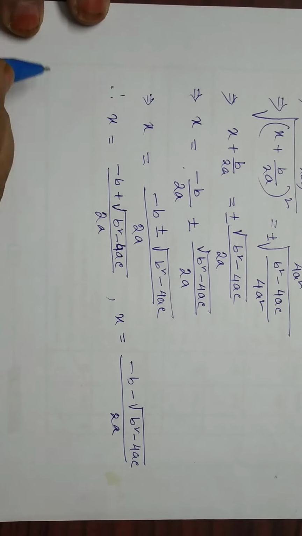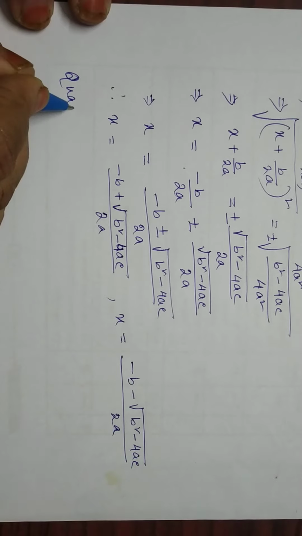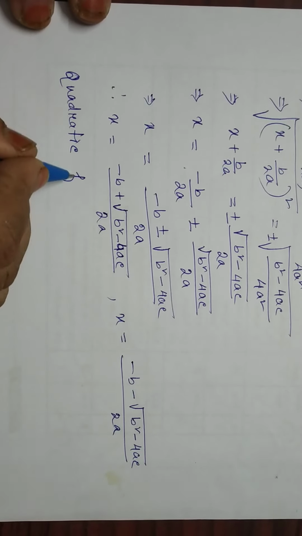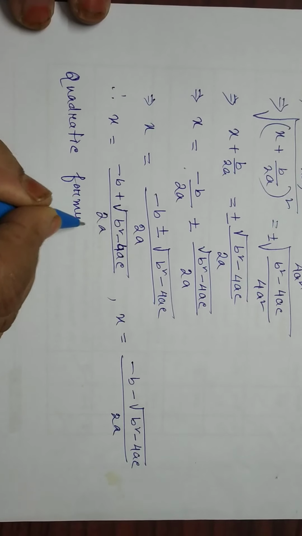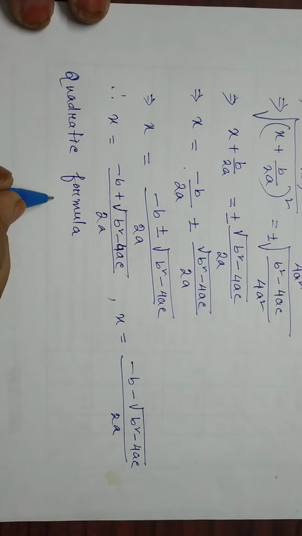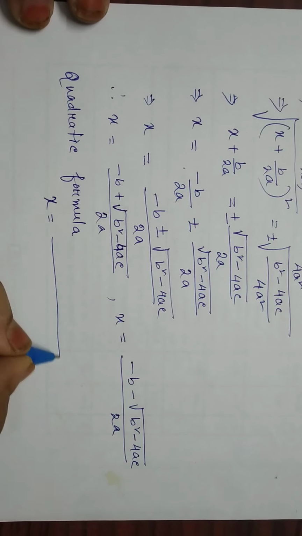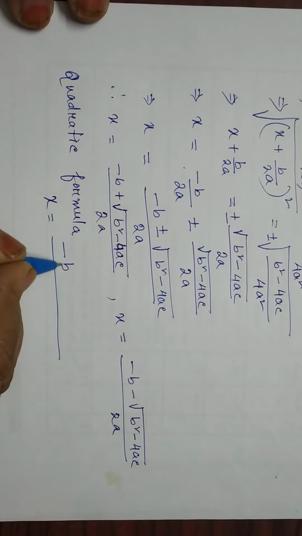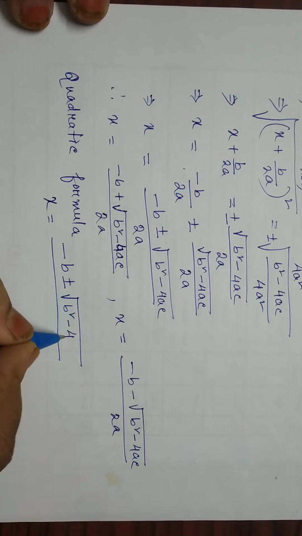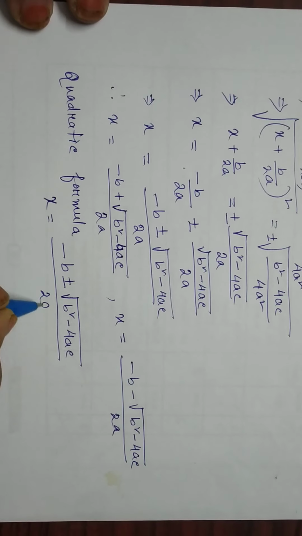That means quadratic formula, which one? Quadratic formula means x is equal to minus b plus minus root over b square minus 4ac divided by twice a.